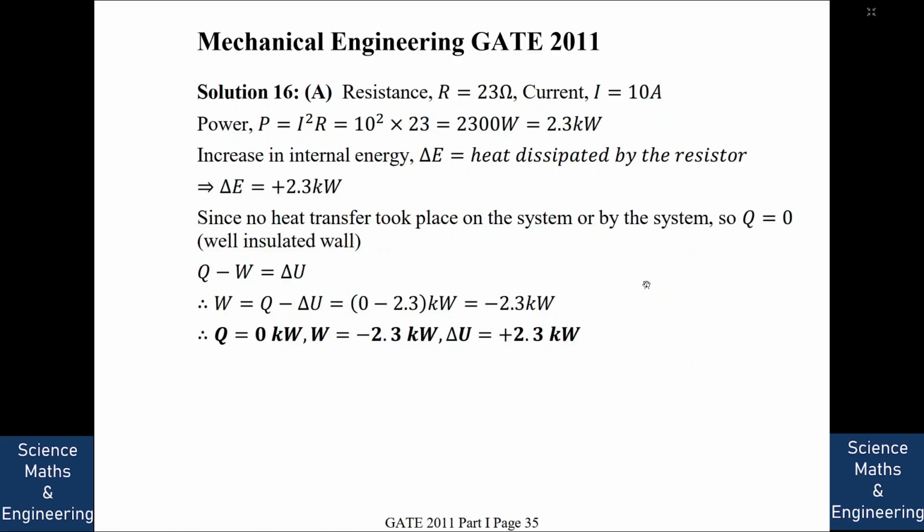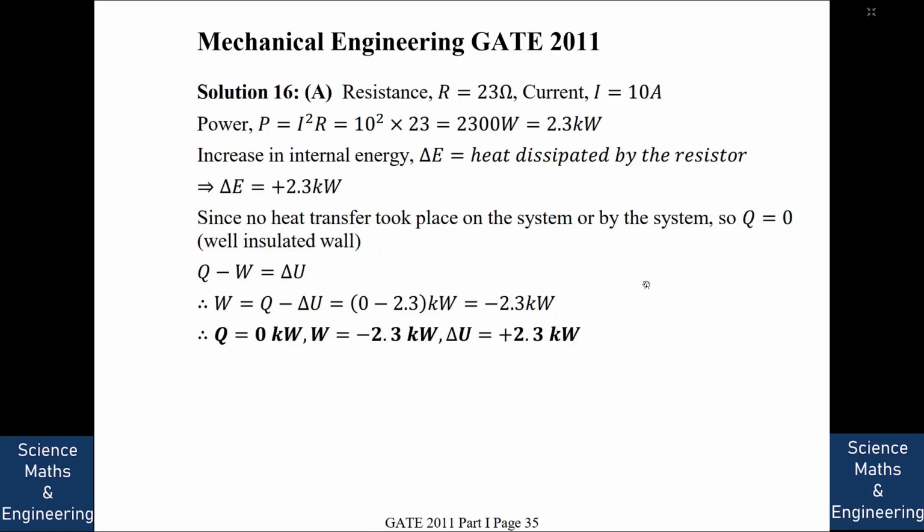As no heat transfer took place on the system or by the system, so Q is equal to 0. It is well insulated wall. Now Q minus W is equal to delta U. It is from the first law of thermodynamics. Therefore W is equal to Q minus delta U is equal to 0 minus 2.3 kilowatt, or minus 2.3 kilowatt.